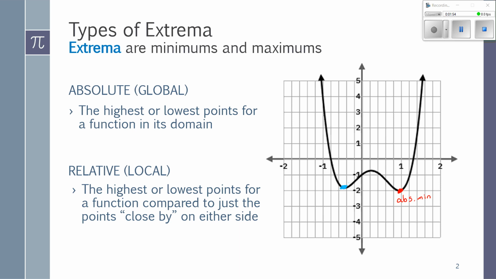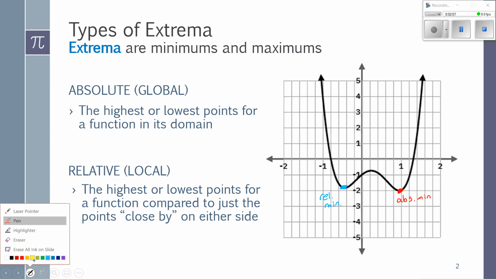Here at about negative a half. This is a relative minimum because it is the lowest point as long as I'm only looking close by. So if I'm only looking at this part of the function, that's the minimum of the highlighted part. So that's the relative minimum.